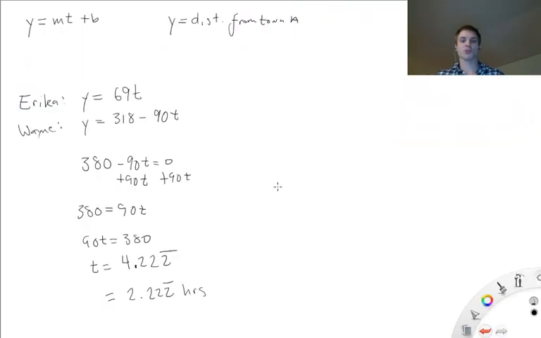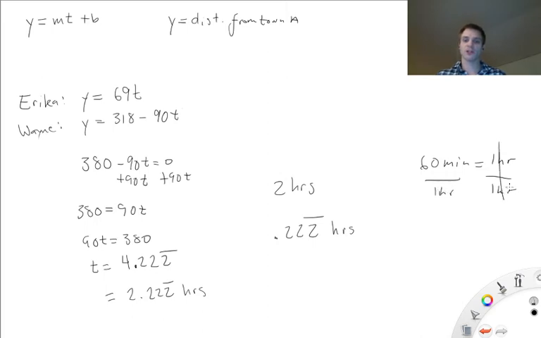So the whole number part is hours, so 2 hours. But we need to figure out how much 0.2222 repeating is in minutes. So this is 2.2222 hours, and we know that 60 minutes equals 1 hour. So I'm going to divide by 1 hour on both sides, and so this becomes 1.